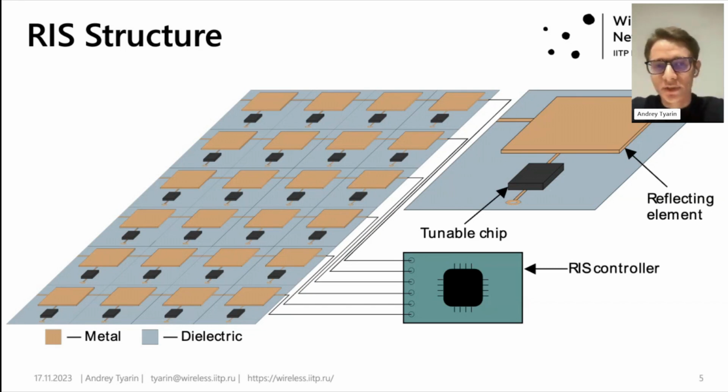The tunable chip is normally a semiconductor device that causes the change in parameters of the reflected EM wave, which are phase and amplitude. These shifts are controlled by bias voltages applied to the tunable chip of each UC by the RIS controller. Later, I will talk extensively about UC and RIS control.